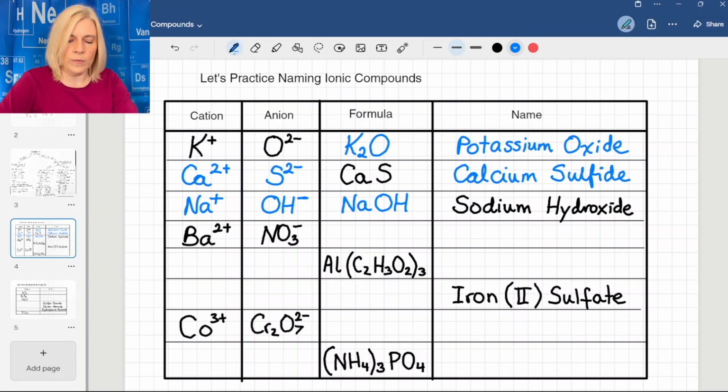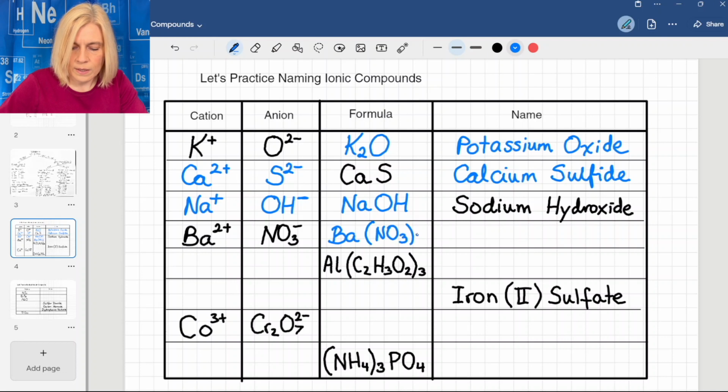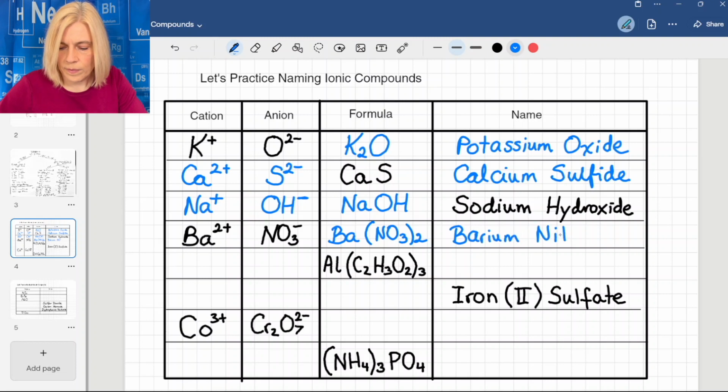We have 2 bariums, and this is our polyatomic anion, nitrate. So we're going to bring a formula together. So barium, and I need 2 nitrates. And the name is barium nitrate.